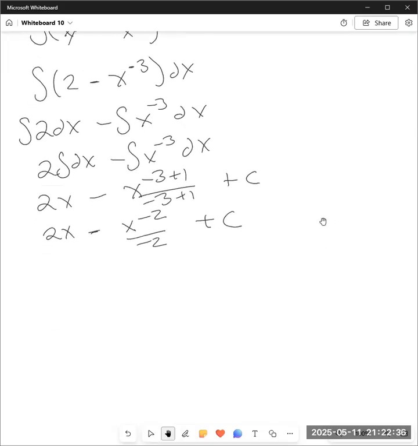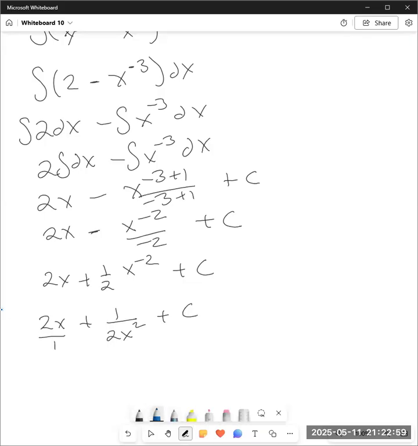So let's clean this up a little bit. 2x plus 1/2 x to the -2nd plus c. Let's bring that exponent down here. And then we're going to work on making a common denominator.